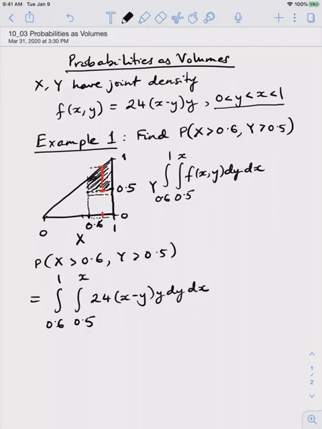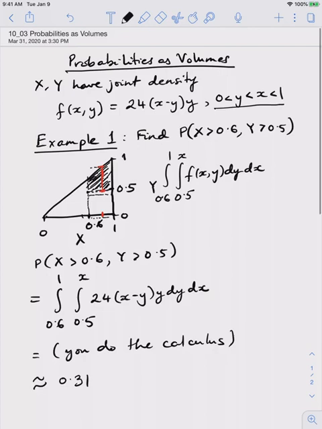The geometry is done, and now it's your turn to do the calculus. And you should get approximately 0.31 if you want to check your answer.